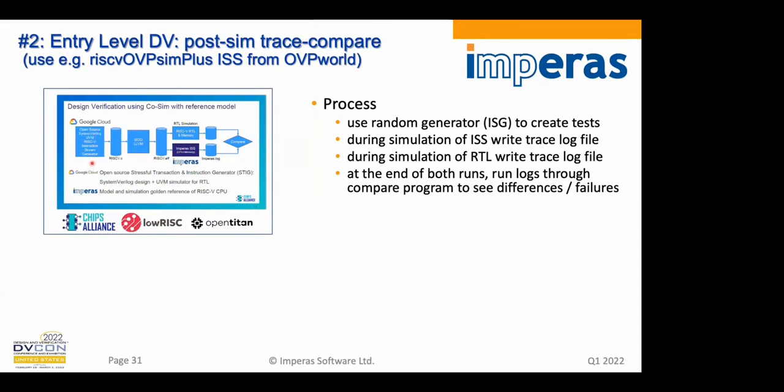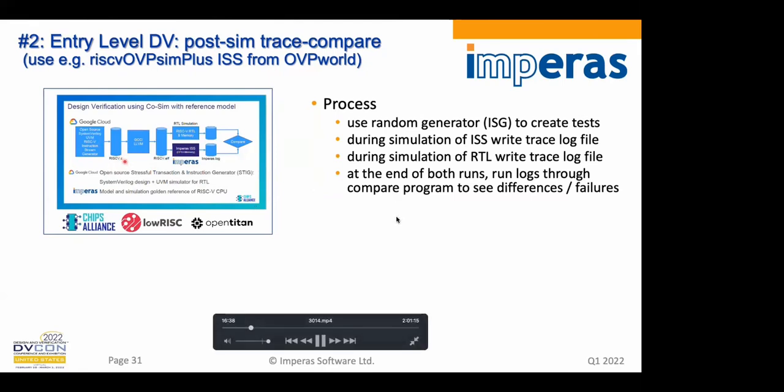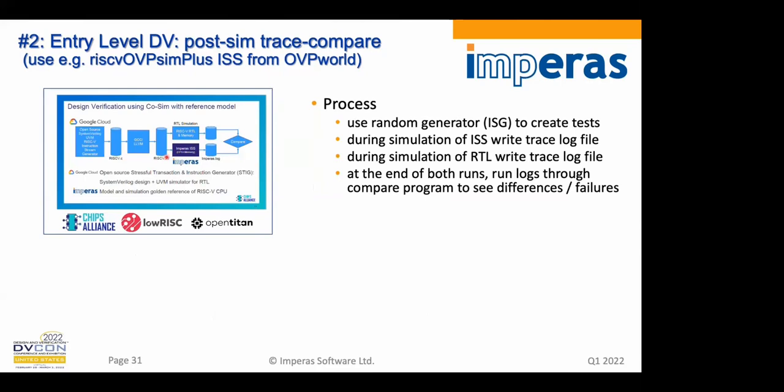I'll talk a little more about it later, an instruction stream generator. It actually writes out an assembler file, not C, which you then have to use a toolchain to turn into a memory, an ELF file, a binary version. And then you run that program on your RTL, and you run it on a reference.